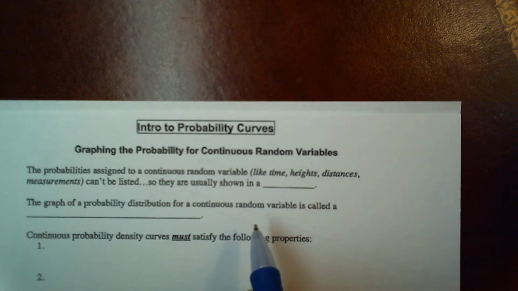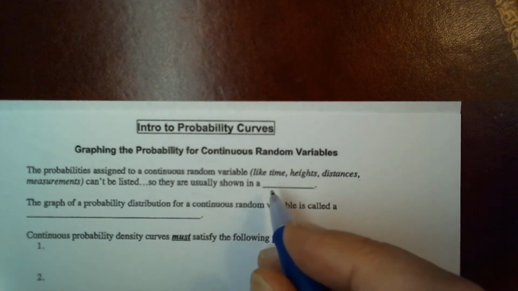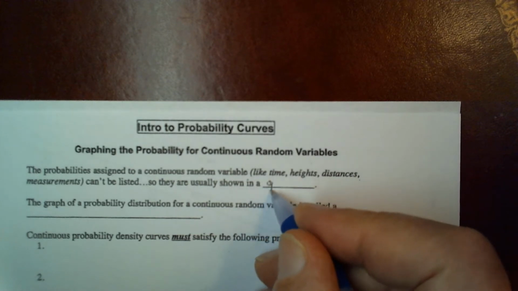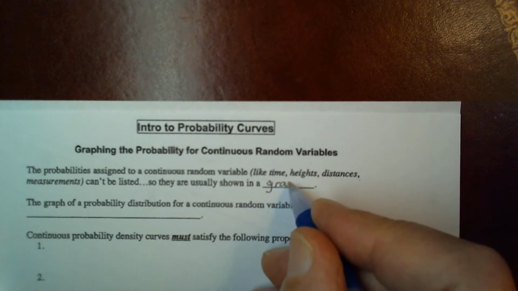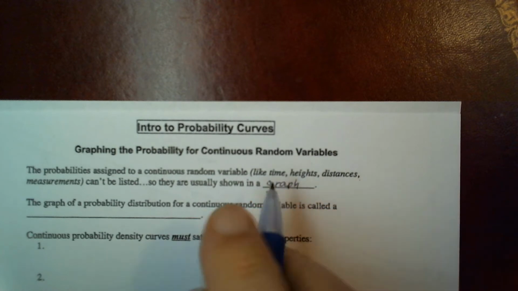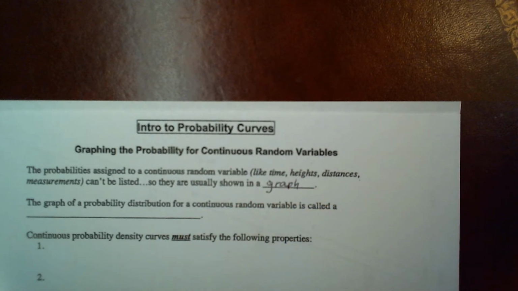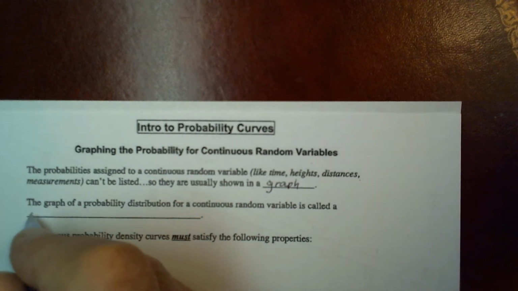So they're usually shown in a graph. And the graph of a probability distribution for a continuous random variable is called a probability density curve.